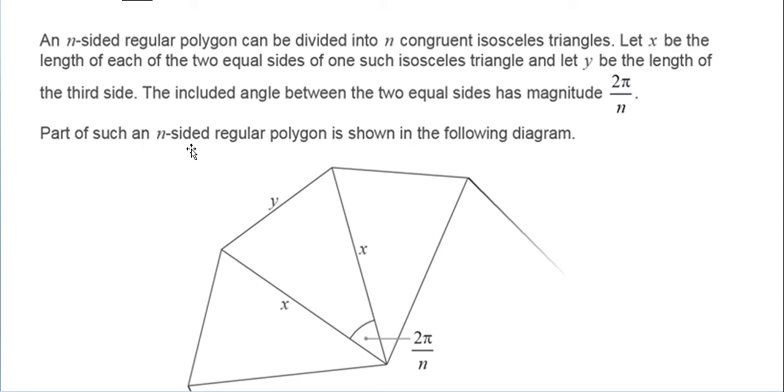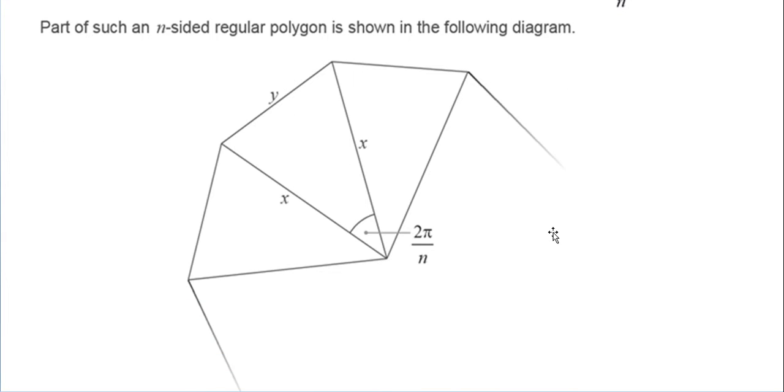Part of such an n-sided regular polygon is shown in the following diagram. We look at the diagram. Yes, we have two equal sides, x, one unequal side, y. The angle is 2π over n, because it is an n-sided polygon and a full rotation is 2π.